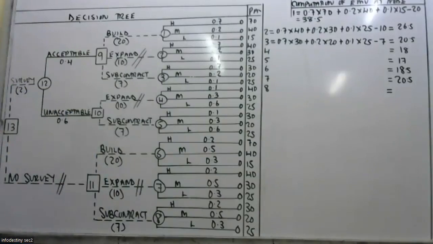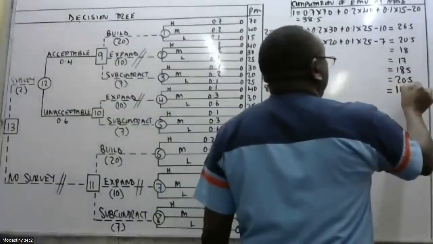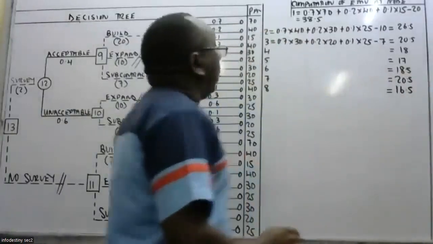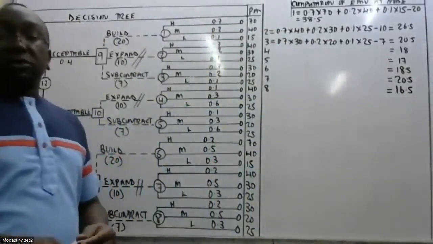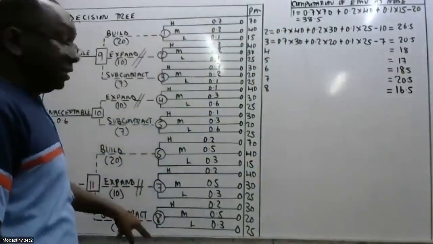That is for number 8. Yes. Okay, 16.5. So that is what happens when you're dealing with those kind of lines.